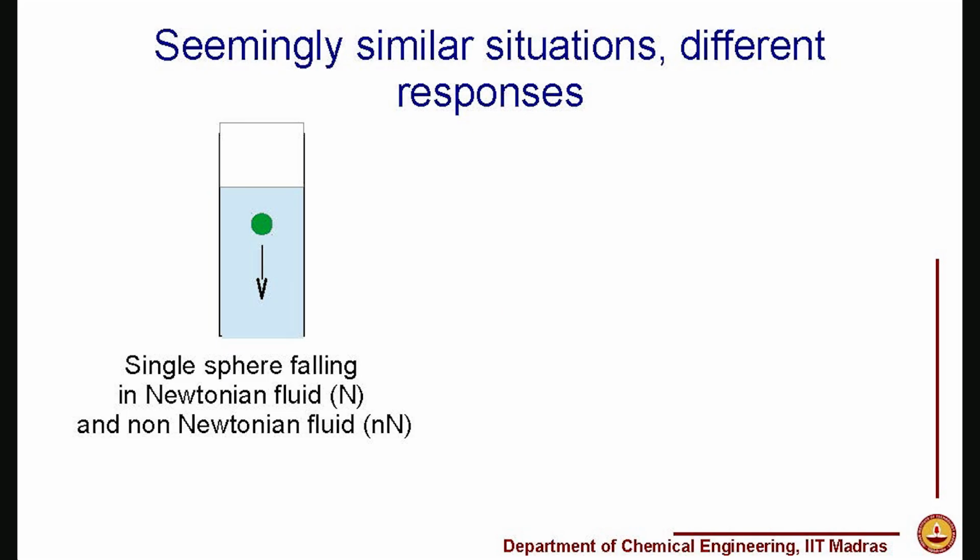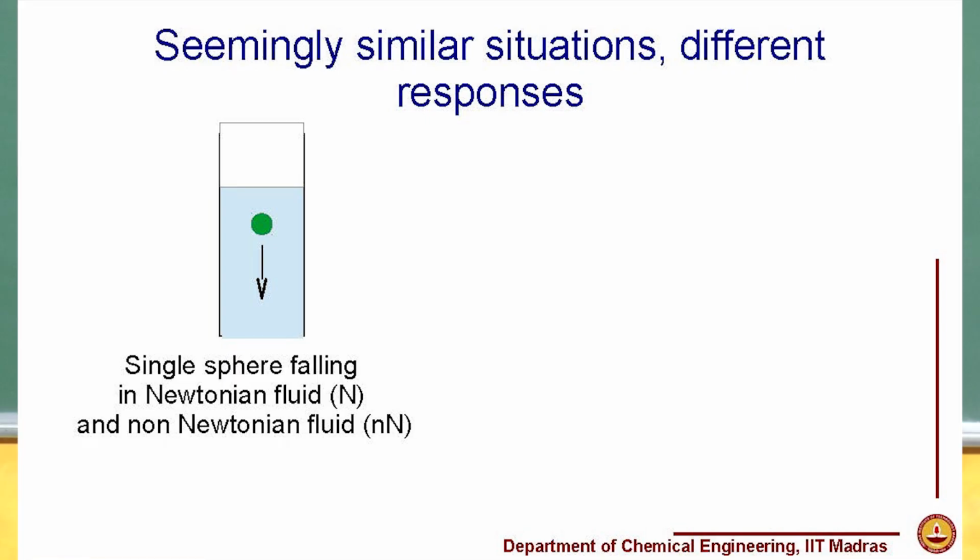For example, we have a single sphere which is falling through a pool of liquid, and of course, we learn about this problem whenever we look at terminal velocity of a sphere falling in liquid, and we learn about Stokes' law.